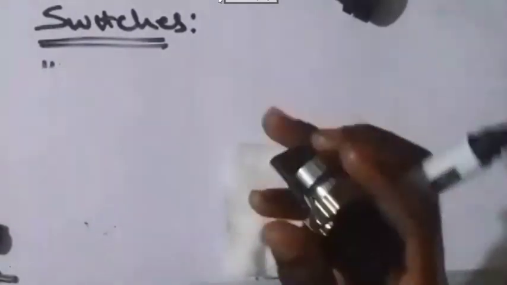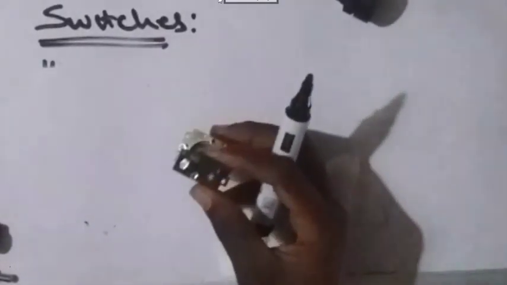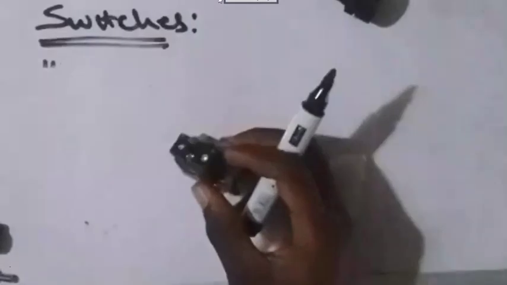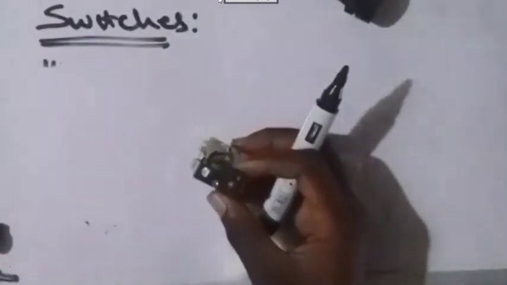So let's see these switches. For example, this one now, there's a label on it, written NO. You can see NO there. Okay.